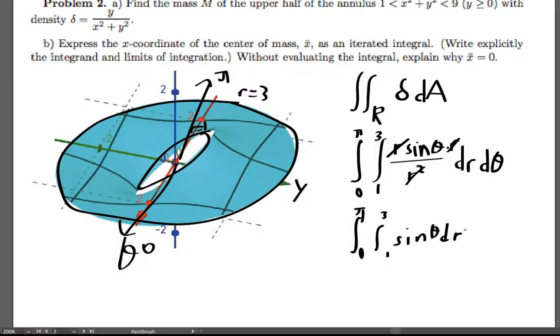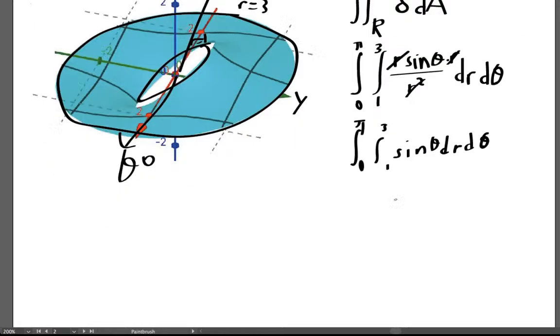This is a very easy thing to solve. You just integrate sine theta with respect to r. You take theta as a constant, which means sine theta is a constant. So you just integrate a constant, which is simply r sine theta, and then you evaluate that from 3 to 1 of d theta.